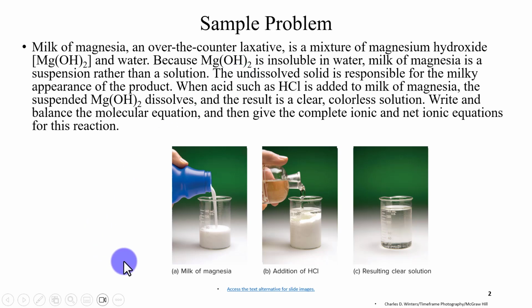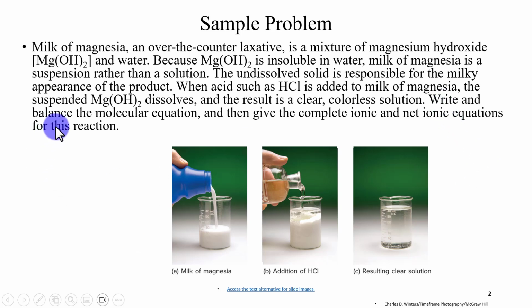Now, when we pour acid into milk of magnesia, or Mg(OH)2, which is a base because it can produce OH minus in solution, it dissolves the solid Mg(OH)2, and we have a neutralization reaction that occurs, giving me a clear solution. You can see that the milky white is gone, and the milky white is due to the undissolved Mg(OH)2.